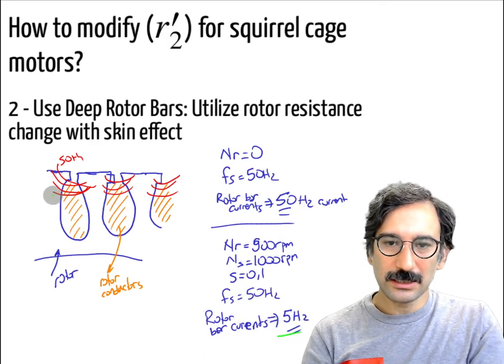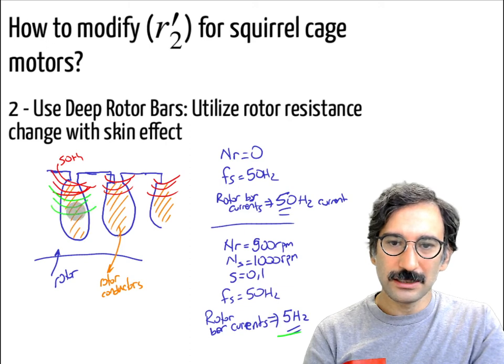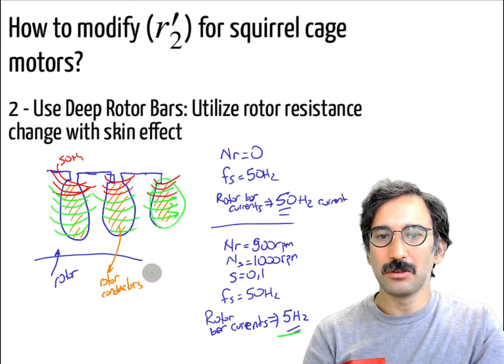When it gets down to 5 Hertz, the skin depth will be much larger, and you will have a more homogeneous distribution of the rotor bar currents.